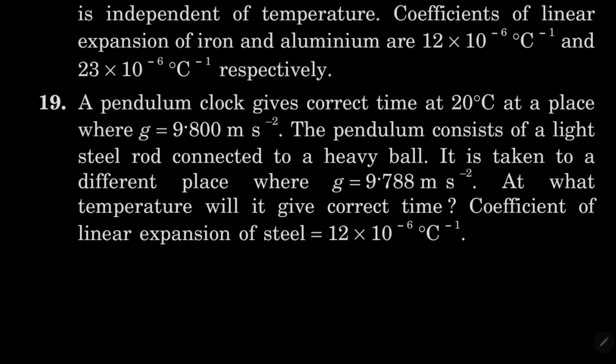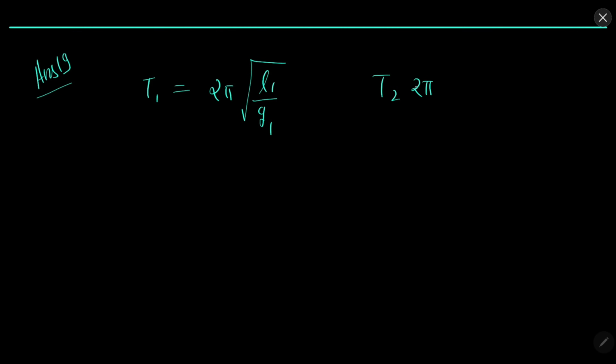In question 19, a pendulum clock is given. At what temperature will it give correct time? You have to tell. Solution 19. So 2 pi root L1 over G1, 2 pi root L2 over G2.